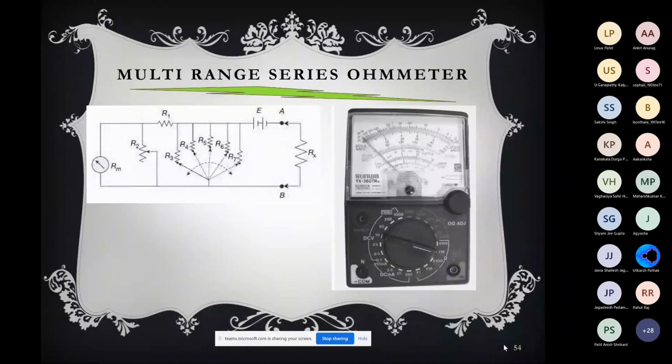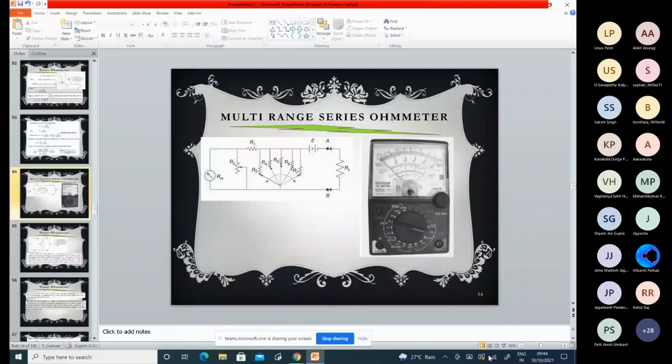So this is all about the multi-range series ohm meter, and it was very popular at some point of time. It uses the PMMC instrument and a combination of a few resistances and the EMF as shown in the figure. So this is the complete series ohm meter. If you have any query, please tell me now.